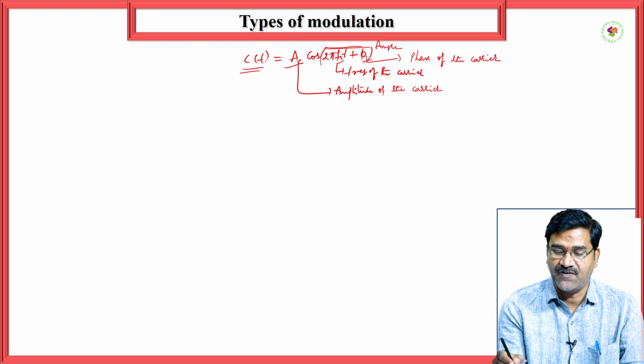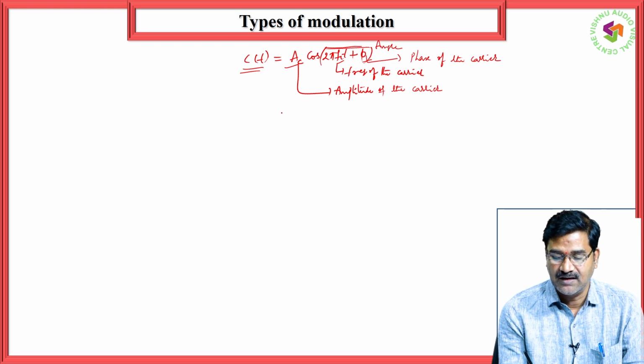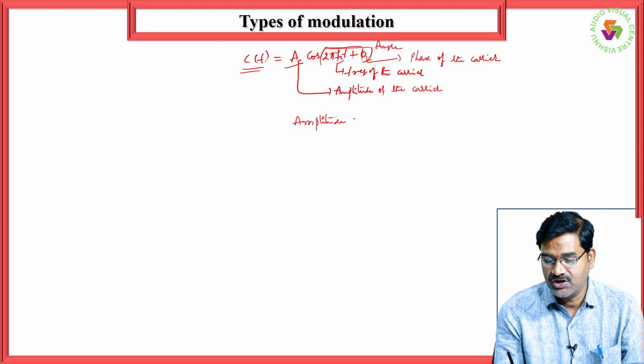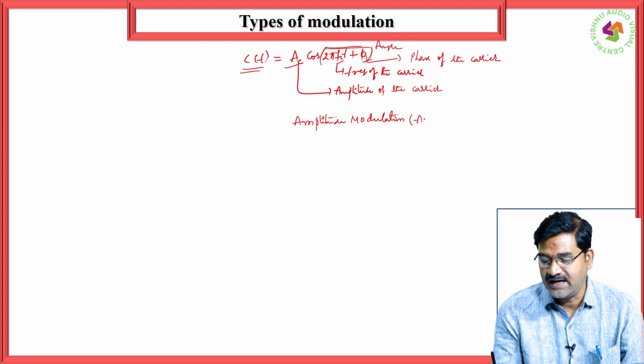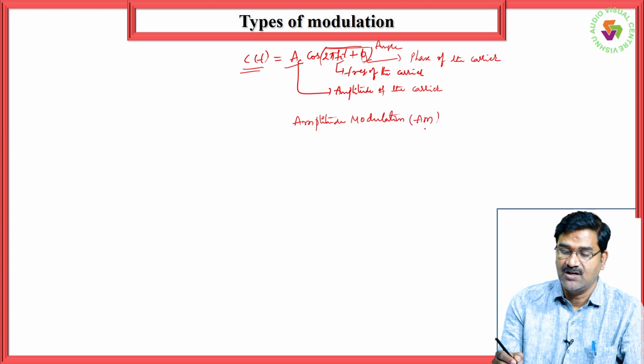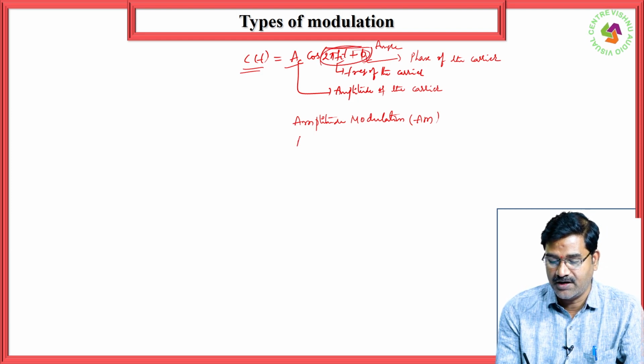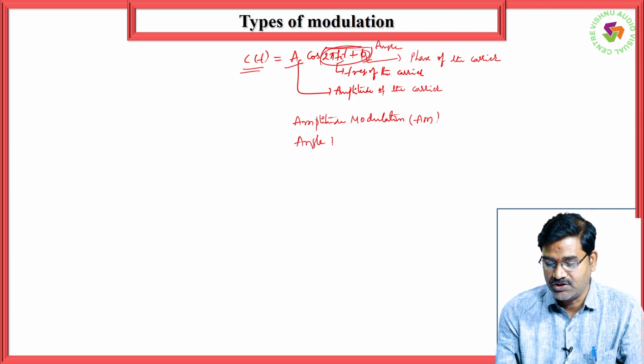So I can classify the modulations as follows. By changing the amplitude, you get amplitude modulation, in short AM. By changing the total phase angle, we call it angle modulation.